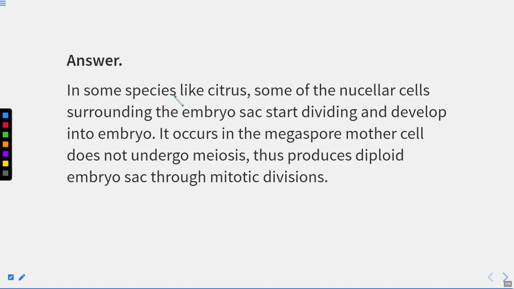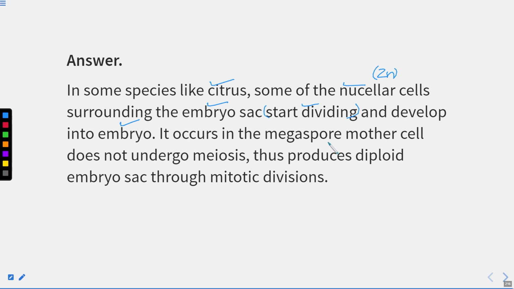Now in some species like citrus, some of the nucellar cells surrounding the embryo sac start dividing. This also we have studied. Nucellar cells are usually diploid. So they start dividing and they develop into the embryo. So this is also kind of asexual reproduction.